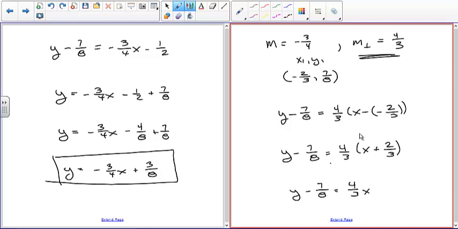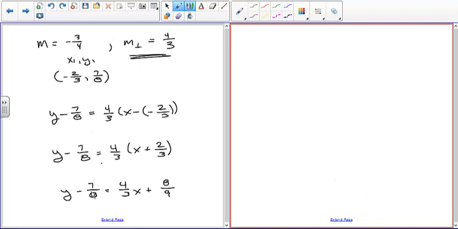Thirds x. Here, you're going to do 4 times 2, which is 8. 3 times 3, which is 9. Move this to the other side, it becomes positive. So we get 4 thirds x plus 8 ninths plus 7 eighths.